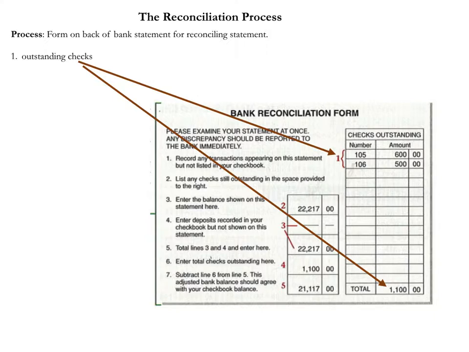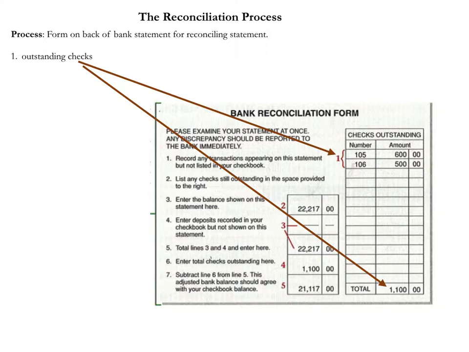On the back of the bank statement, typically there's a form for reconciling the statement. The first piece is to look at any of the outstanding checks. In this instance, check numbers 105 and 106 were recorded in our checkbook, but not on the bank statement.